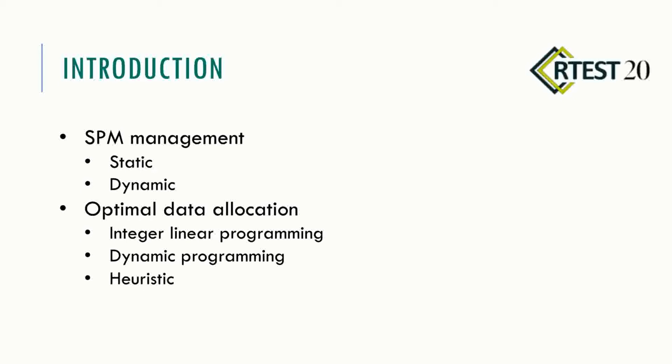We can use integer linear programming or dynamic programming to find optimal solutions, but this type of optimal algorithm takes too long, and because of that we use heuristic algorithms for data placement and data allocation on SPM.